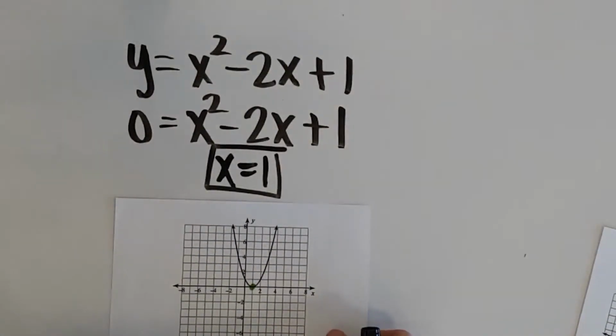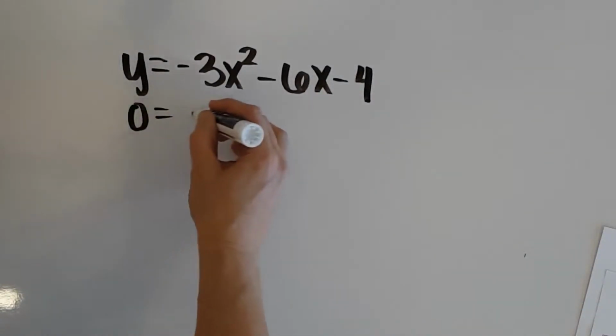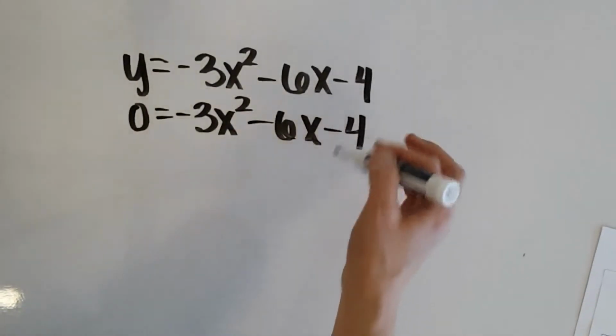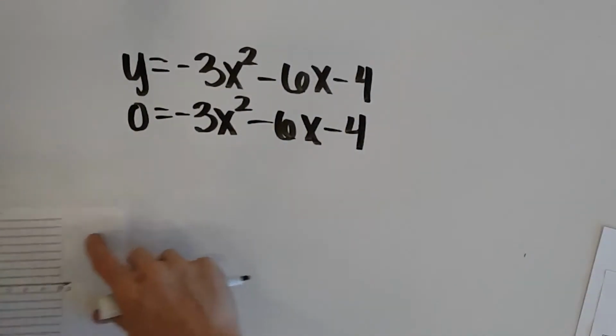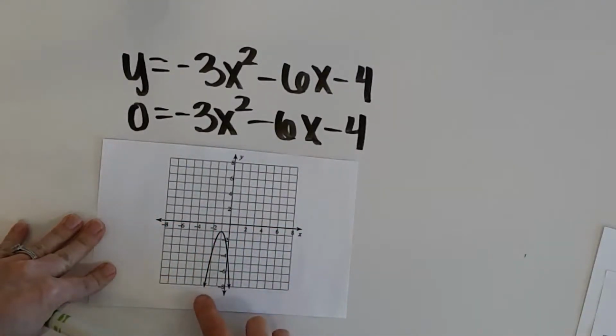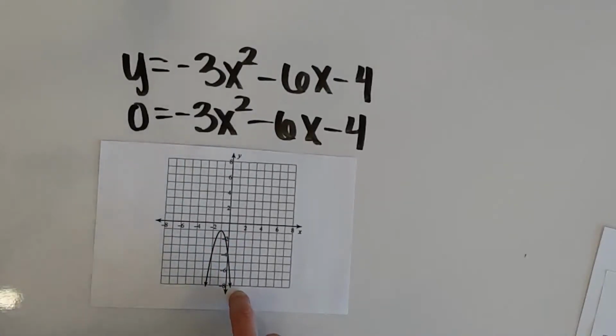Let's look at one more example. We're asked to solve this equation. So remember, we solve quadratics when they're equal to 0, so we're finding the x-intercepts. That's when our y value is 0. So if I look at a picture of our graph, we can see that the x-axis is right here, and my curve starts below it, turns around, and goes back down before ever touching the x-axis.